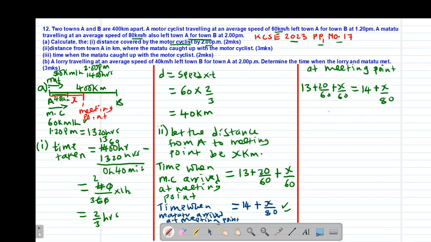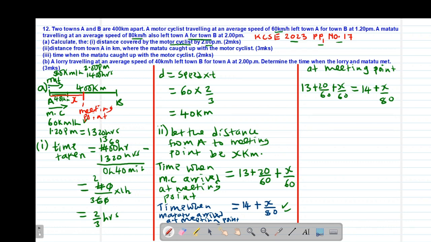So the LCM of 60 and 80, let me check. 400 divided by 60 is not possible. What about 240? 240 divided by 80, and 240 divided by 60.